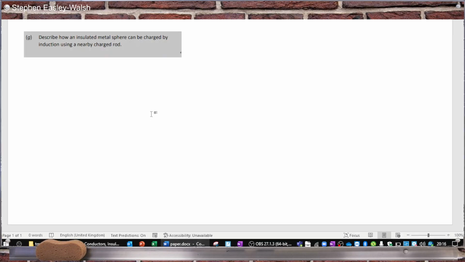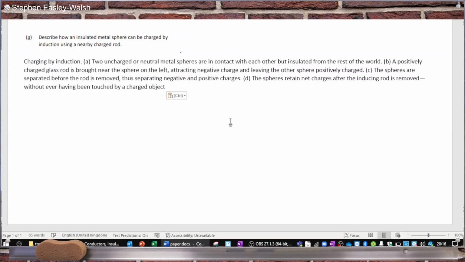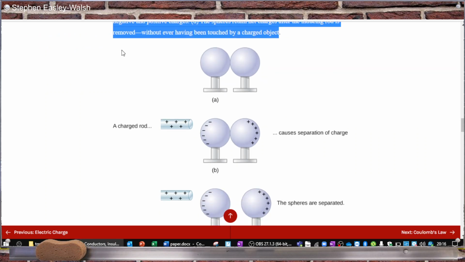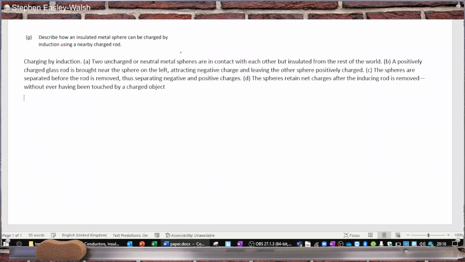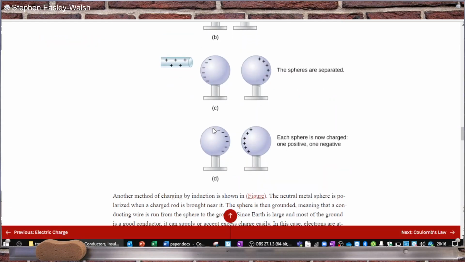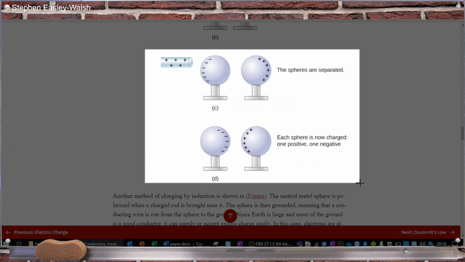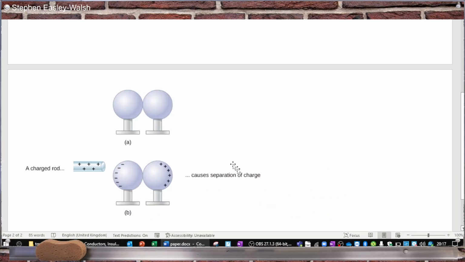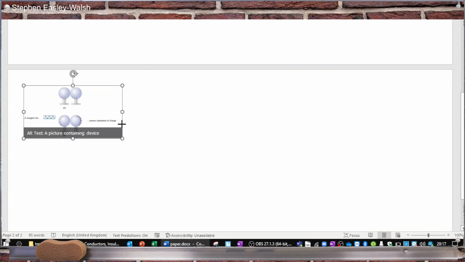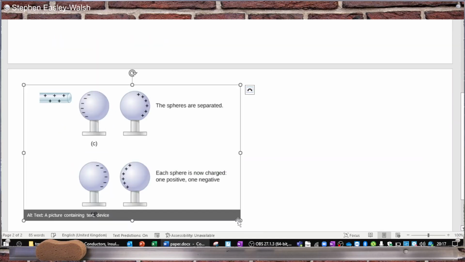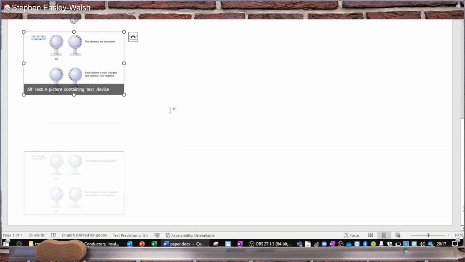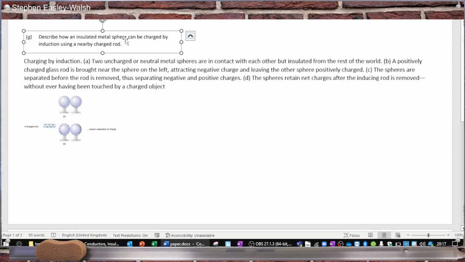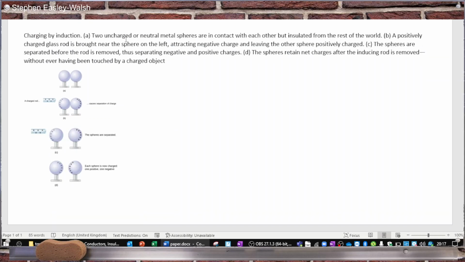So that's actually quite a lot to be writing for a short question. And we've got nice diagrams too. There's A and B, and then there's C and D. Yeah, so as I was saying, kind of a long answer for a short question.